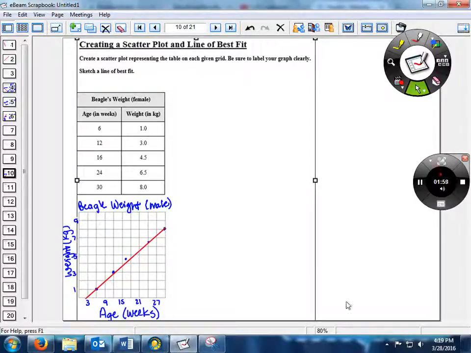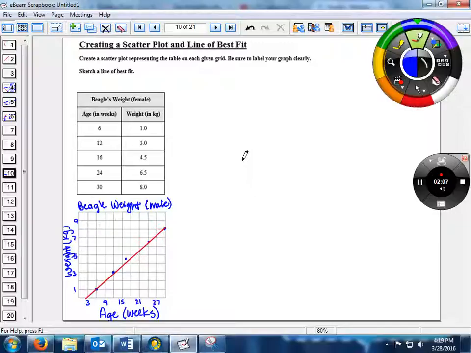It fits through 2 of the points. These points are pretty close, and I've got one above. I would say that's a pretty good line of best fit. Now, because I cannot see my y-intercept, I'm going to have to find my slope and then plug it in to a coordinate to approximate my y-intercept. So let's start with finding our slope.